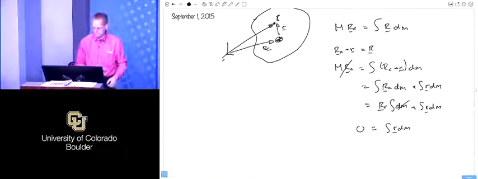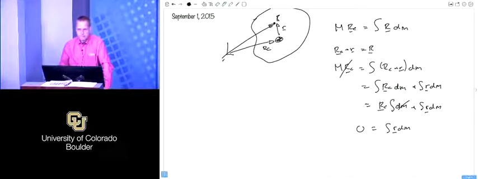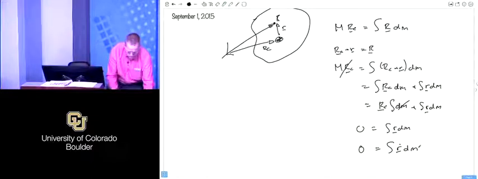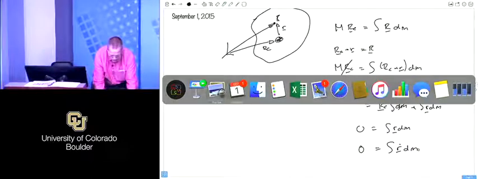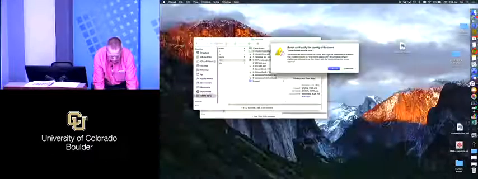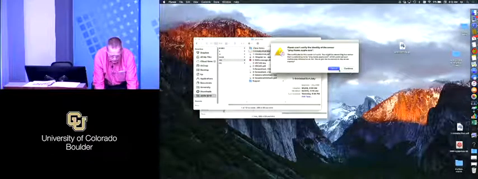Yes, Joe? Question. And this is, if you took a time derivative of that equation. This one? Yes. So the left side isn't very interesting. The right side you get the integral of r dot dm, because it goes through the space integral. I am imagining, since that's relative to the same frame. Okay, I was trying to see how that didn't violate a non-rigid assumption, like if the whole thing was expanding.